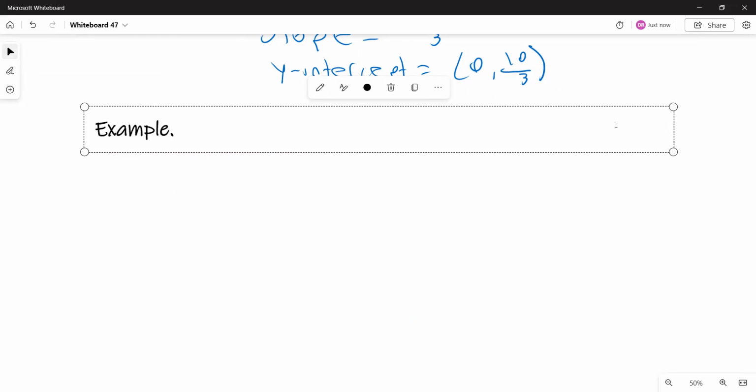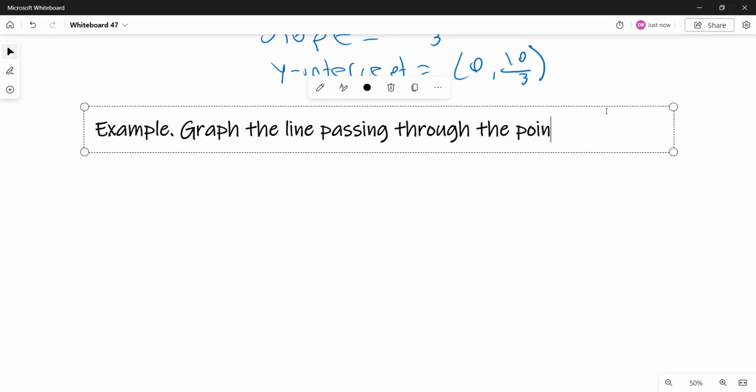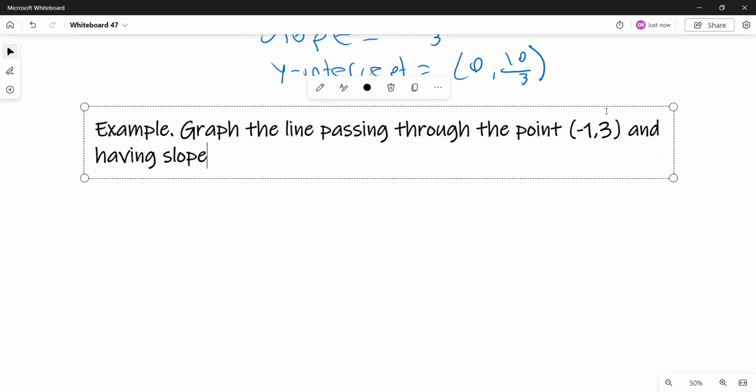So we are going to graph the line passing through the point (-1, 3) and having slope negative 4/3.